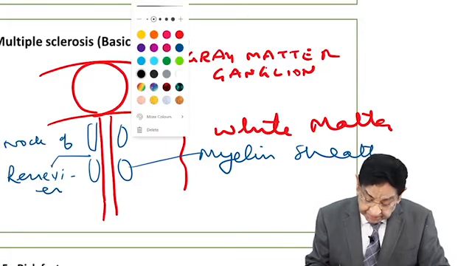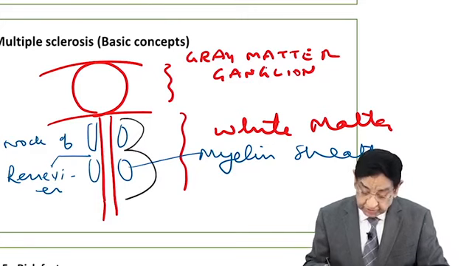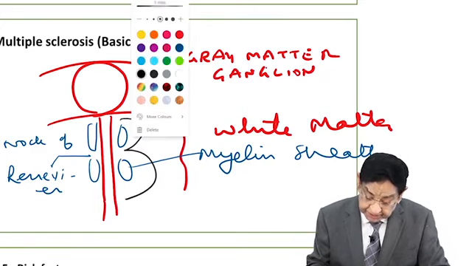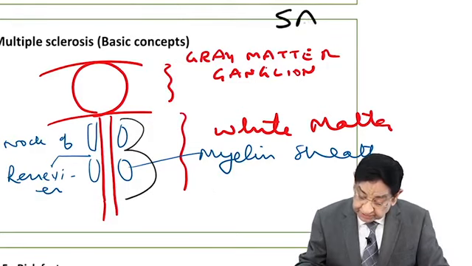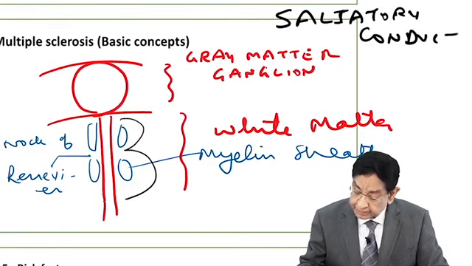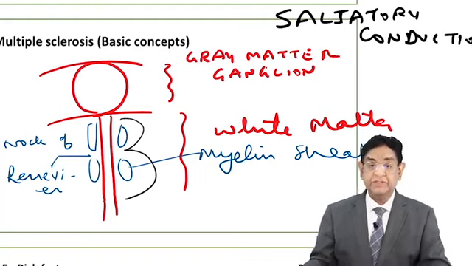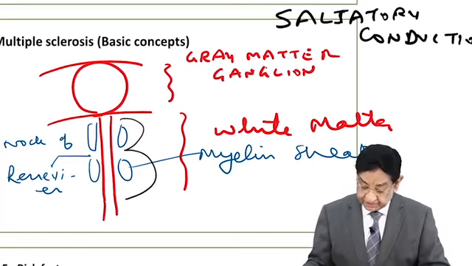That means impulse jumps from one node to other, and this is known as saltatory conduction. That's why the velocity is very high in case of myelinated fibers, right?